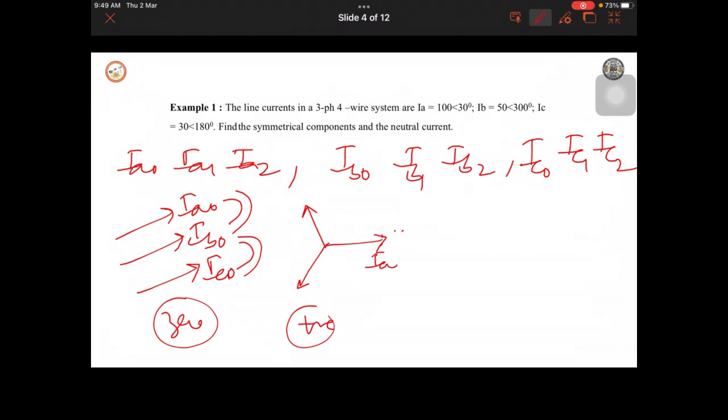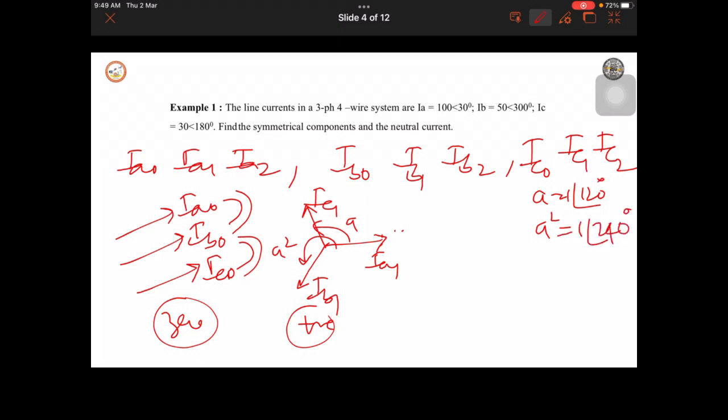This is IA1, IB1, IC1, this is A, this is A square. A is 1 at an angle of 120, A square is 1 at an angle of 240 and A cube is 1. IB0 and IC0 I told you how to find.